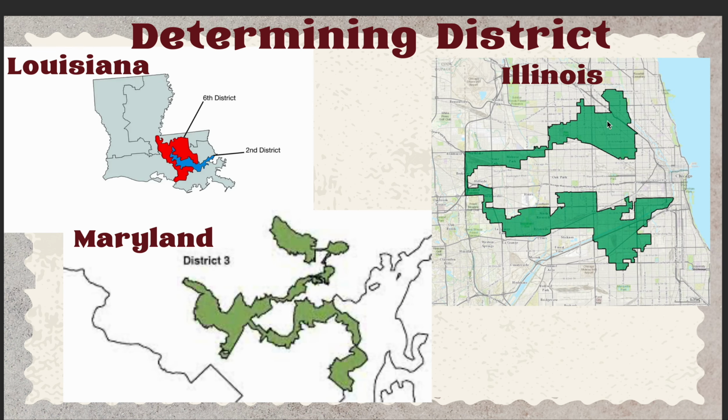Here's just some more districts that just look crazy. Like this district is literally in the middle of another district. This district, it kind of looks funny because you can't tell what this is, but all of this white space is other districts.